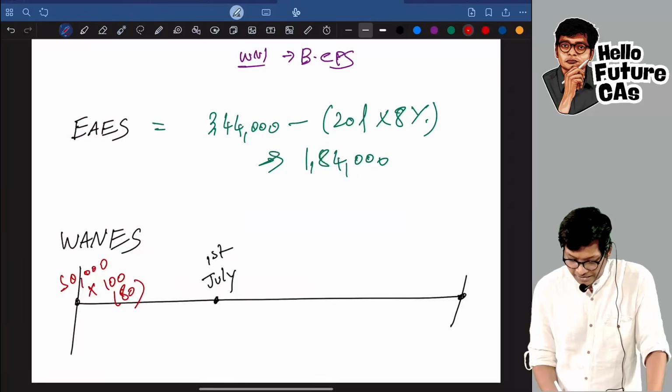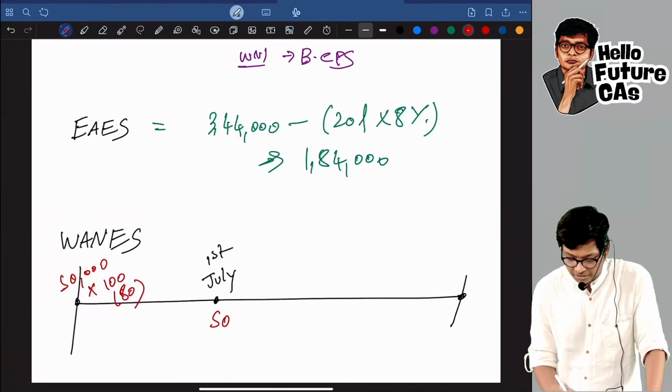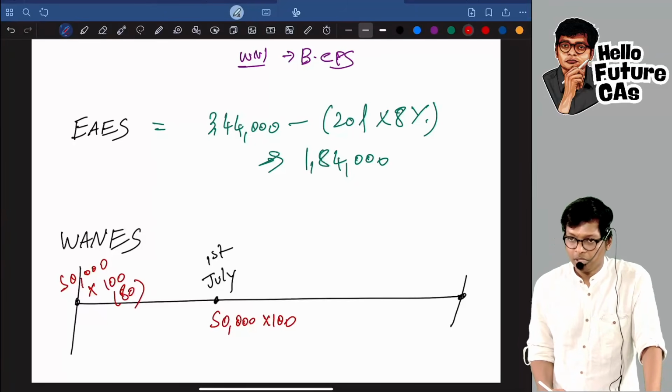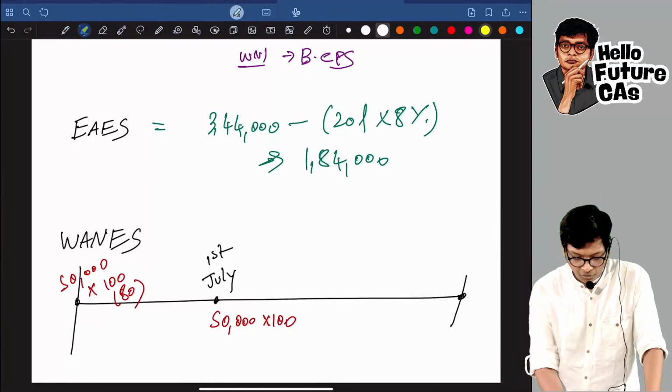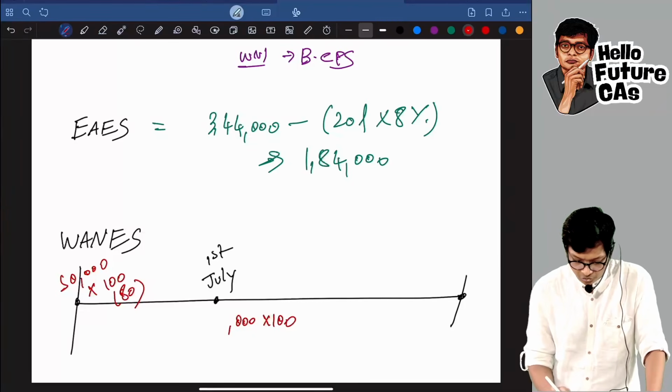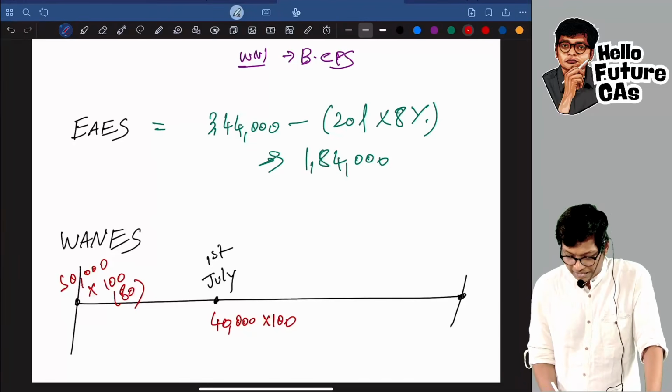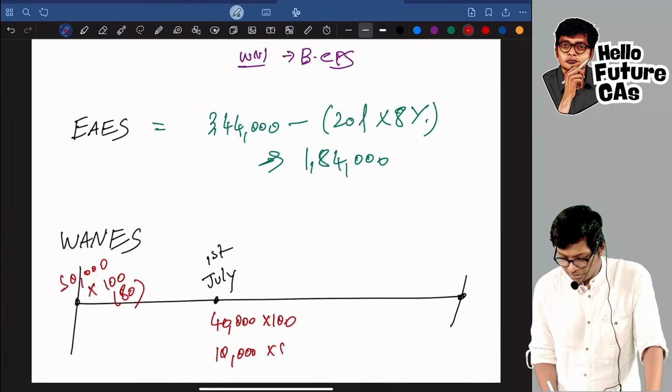So here I will have two classification. After this, 50,000 into 100 and 40,000, correct? Yes. So 40,000 into 100 and 10,000 into 80.